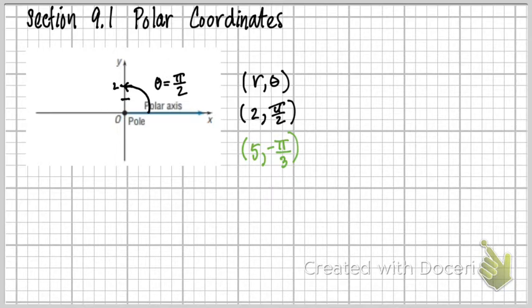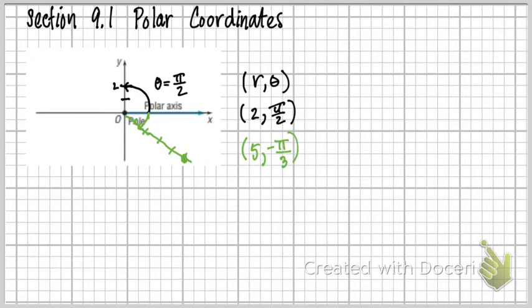So now we're going to take this negative here, and we're going to go the other way, because it's negative. Pi thirds is what we would call 60 degrees. So it would actually be here, and then it's 5, so I go 1, 2, 3, 4, 5. So it's going to be way out here, and it's this point.